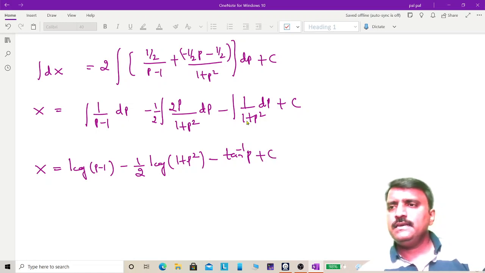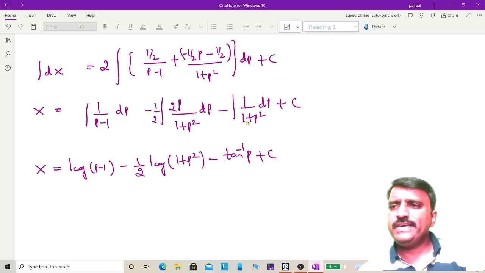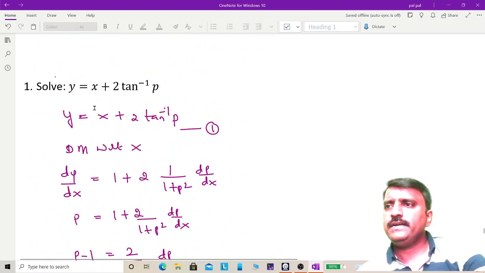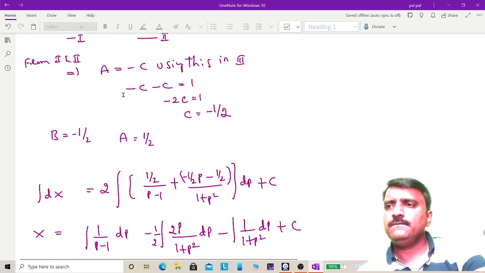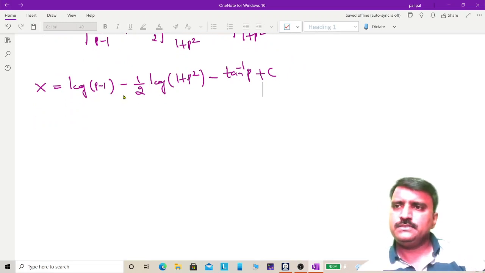This is x. As you know, it is difficult to express p as a function of x. So you keep this result as it is and try to express y in terms of p. So what is y? Y is equal to x plus 2 tan inverse of p. Take this as 2.